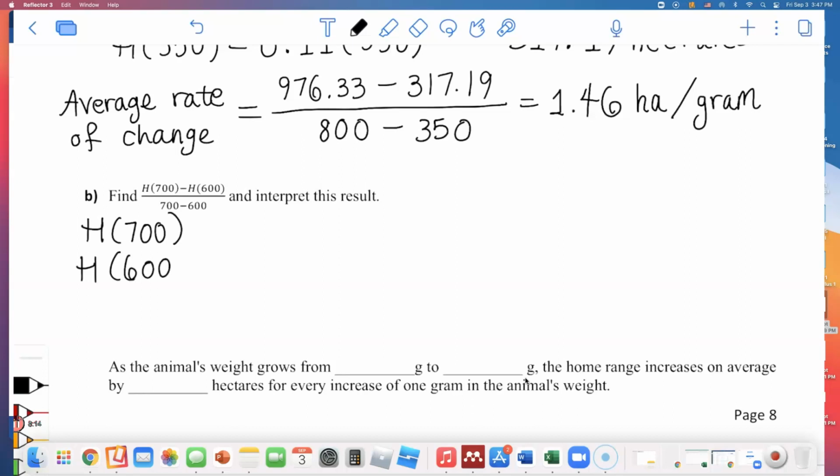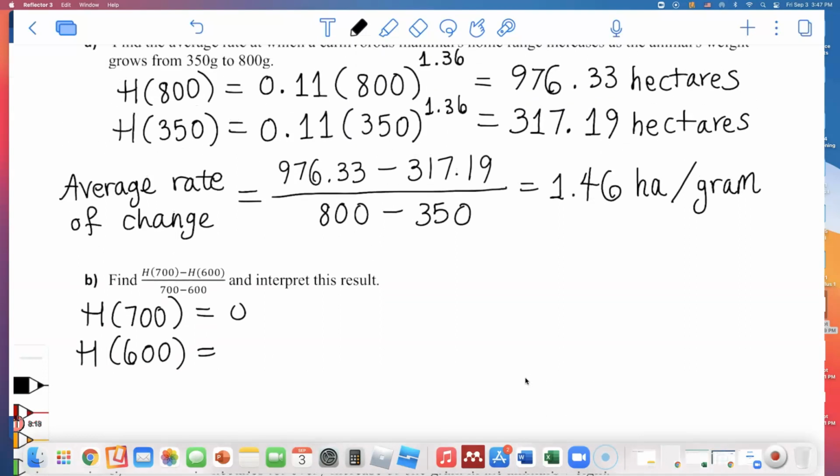I guess bigger animals have bigger home ranges. 0.11 times 700 raised to the 1.36 power, and 0.11 times 600 raised to the 1.36 power.